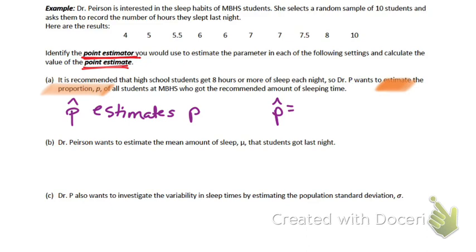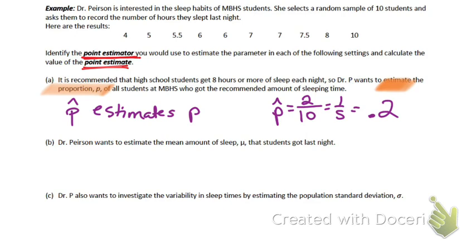How'd you get that? Because you go from 8 to 10, and that's just 2. All right, there's 2 out of the 10, which is 1/5, which would be 20%, 0.2. That is the point estimate, okay? P hat is the point estimator.